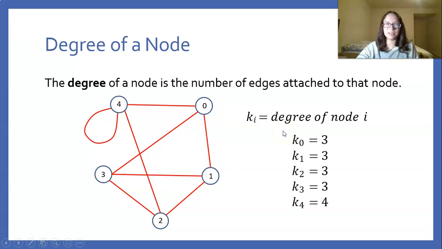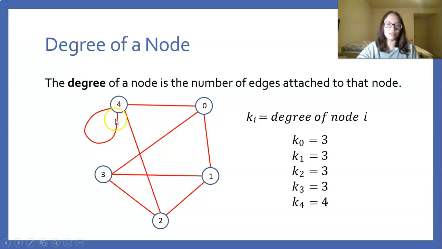This definition can vary in different places. Some places might say that it only counts as 1, so then the degree would be 3. But at least for right now, we're going to count this as 2 to contribute 2 to the degree of that node. This is because it will help with the mathematical formulas that we'll apply in later modules. Also, just to look at it visually, we're looking at it based on the end of the edge.